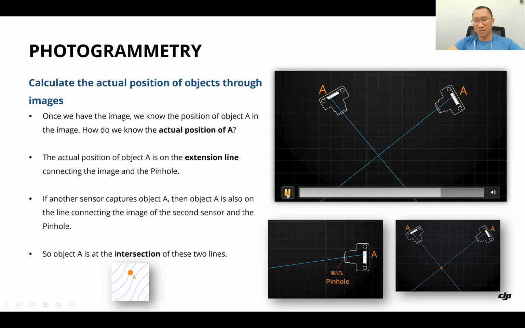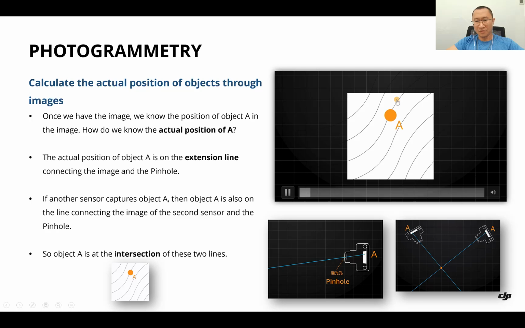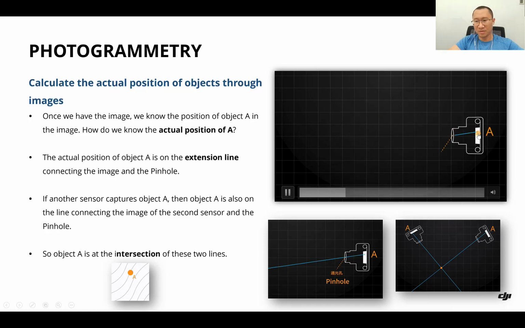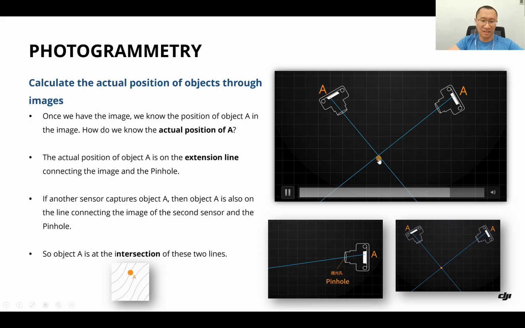Let's see the video again. If we already know point A in the image, its actual ground position is on the line connecting the image and the pinhole. The same goes for another sensor. So point A will be at the intersection of these two lines.